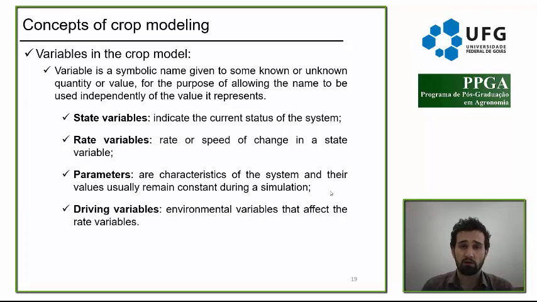For example, in our sugarcane model, we use the radiation use efficiency. This is a stable parameter that doesn't change along the crop cycle. So this is a parameter specific for sugarcane.